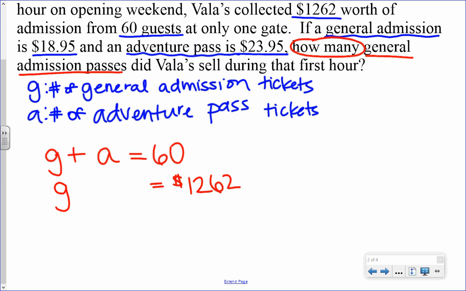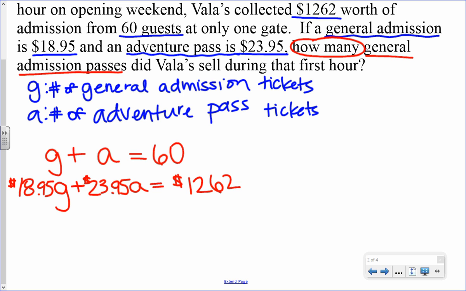Each general admission ticket costs $18.95. Plus, each adventure pass costs $23.95. Okay? Now, I put the dollar signs up here to emphasize that this all deals with money, but you don't need to put the dollar signs. Okay? That's not going to be relevant to you actually solving the problem.